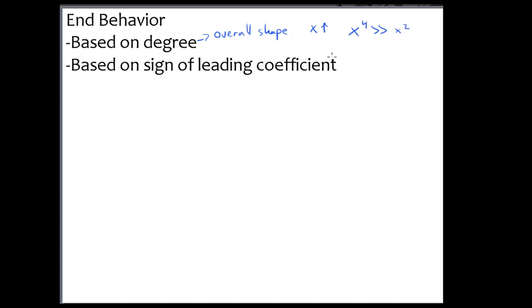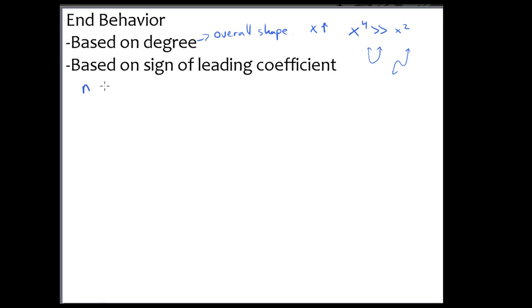So the leading order term really determines the overall behavior of a polynomial. I had a professor who used to say that if you zoom out enough, every parabola looks something like that. And every cubic is going to look something like that if you zoom out enough.